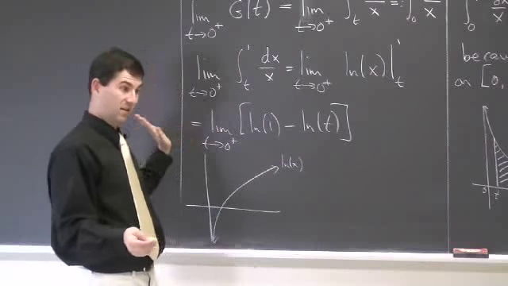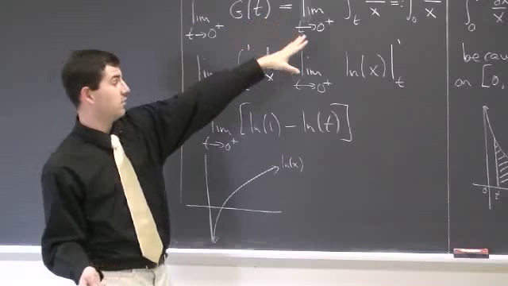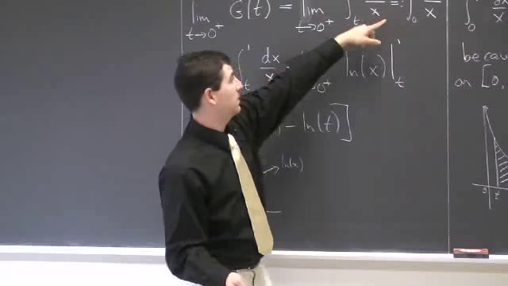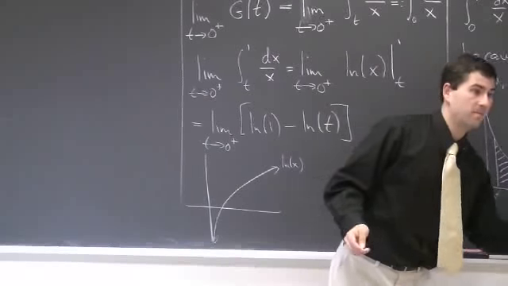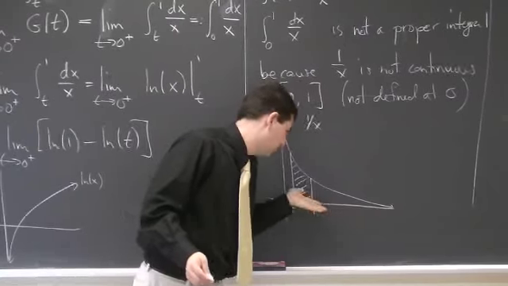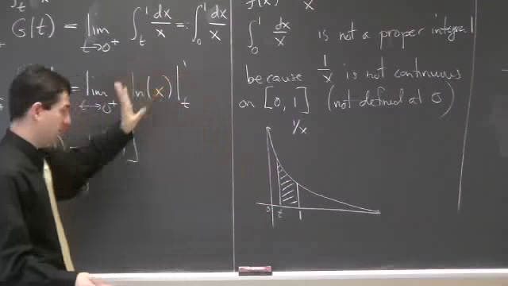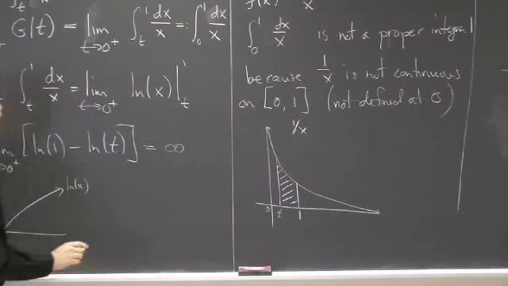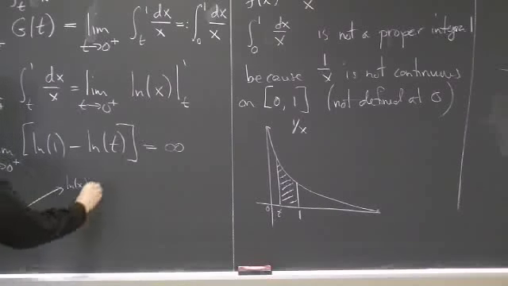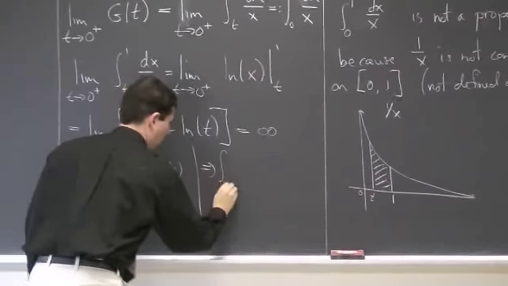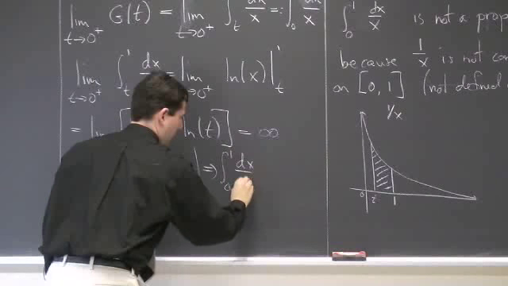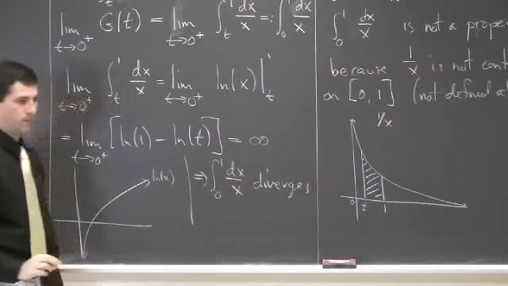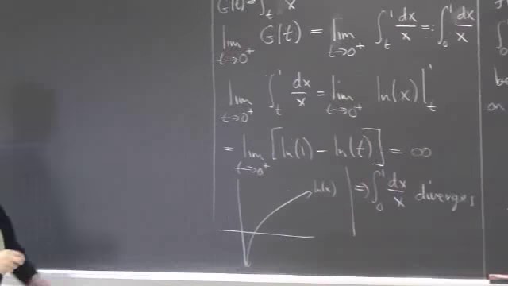So this limit doesn't exist strictly. It's going to diverge. So this one, you're actually going to get infinite area. But remember yesterday when we had 1 over x and we went 1 to infinity, we weren't surprised. We got infinite area also. So maybe this isn't too surprising. So this is just infinity, which says that this integral diverges. It goes to infinity.